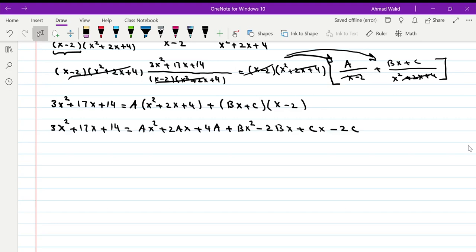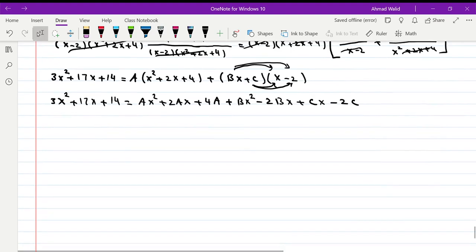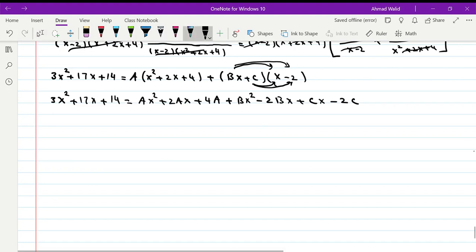Here I foiled, right? You're using foiling like this. Now you can put in descending order, correct?